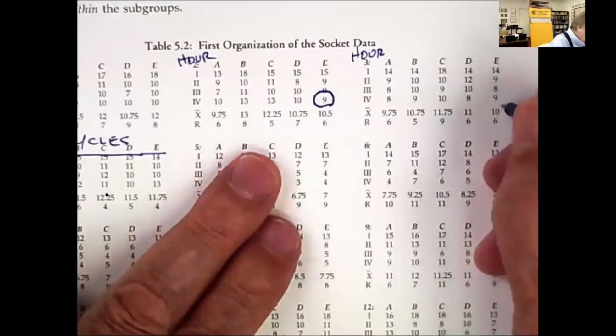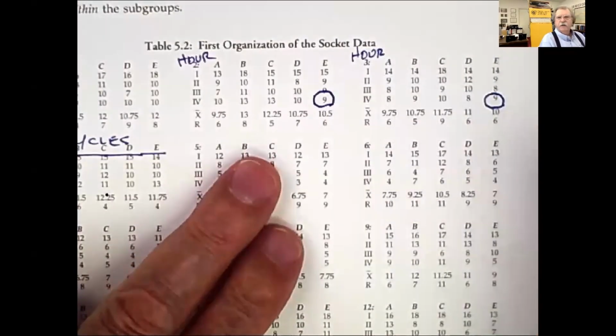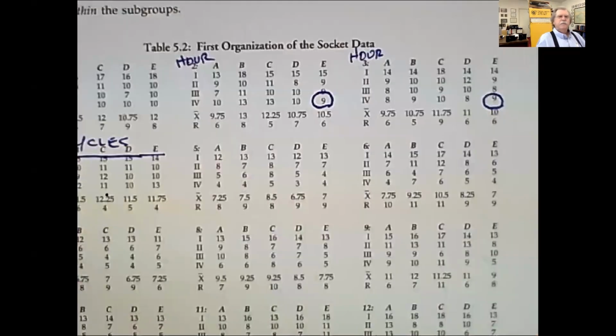Tell me about the context for that number. Hour 3, cycle E, cavity 4. Now, in this organization, my subgroup size is 4.